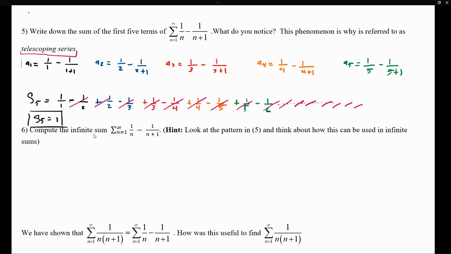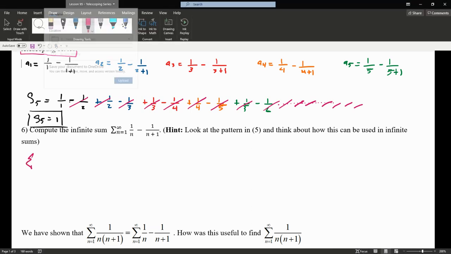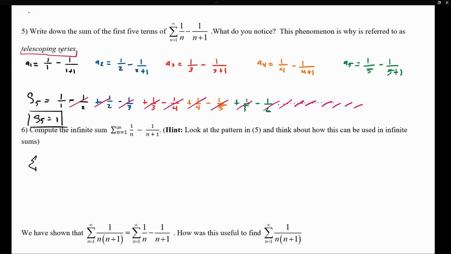Now, let's give a hint. Let's look at the pattern in number 5, which is what we just did, and think about how this can be used in infinite sums. We have already discussed this result a couple seconds back.